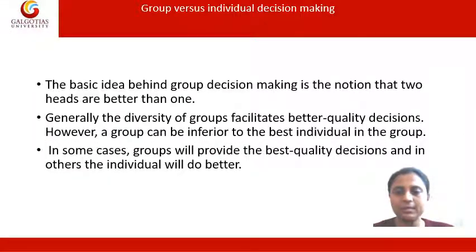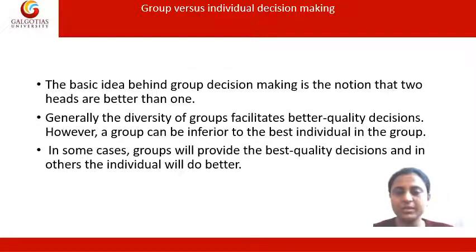Decision making can occur either at individual level or at group level. Task forces, teams, boards, these are some of the examples where decision making occurs in a group setting. Now, the basic idea behind group decision making is that two heads are better than one.